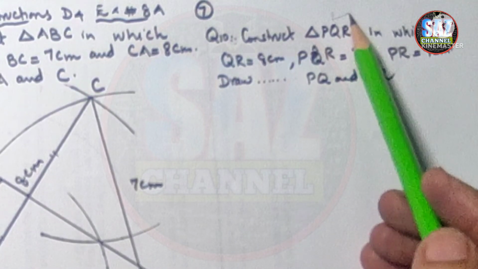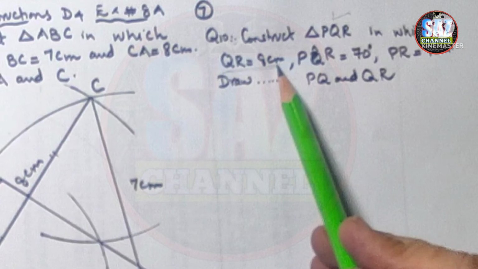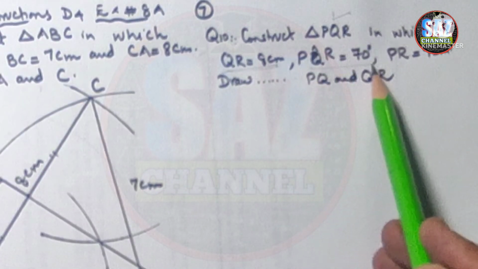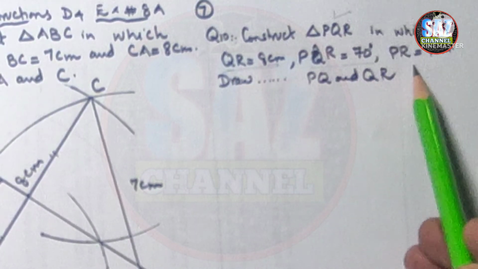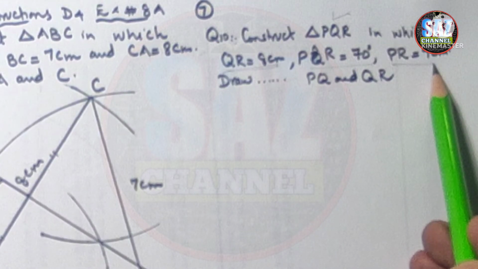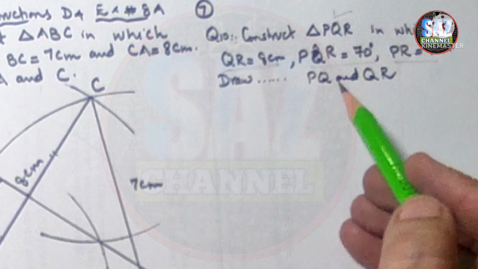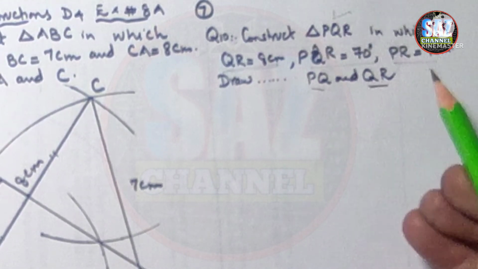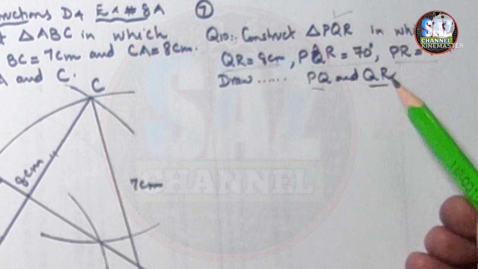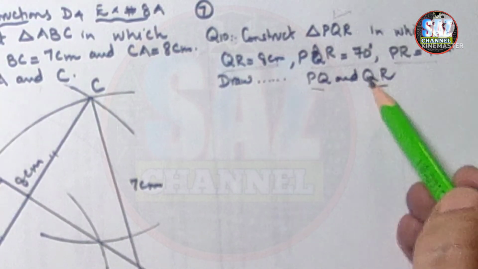The next question says construct the triangle PQR in which QR is 8 centimeter, angle Q is 70 degrees and PR is 9 centimeter, and we have to construct the locus which represents the points equidistant from PQ and QR. Recall, students, what locus we have to draw when we have 4 letters.